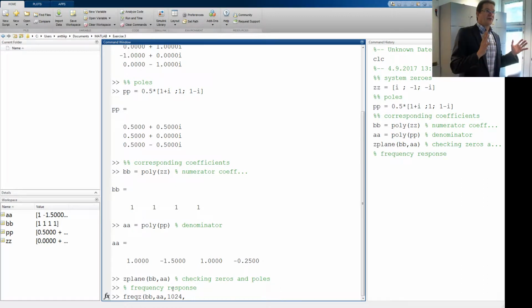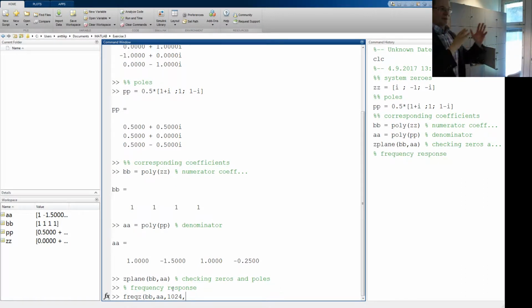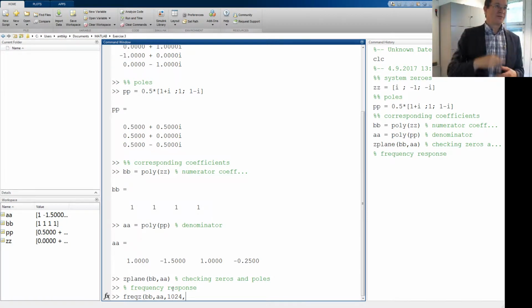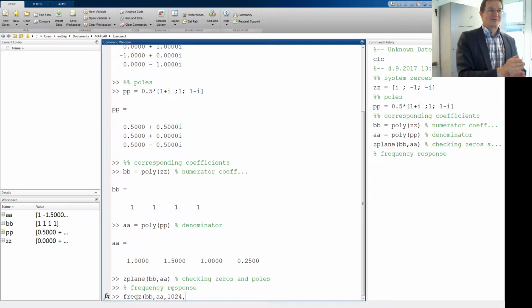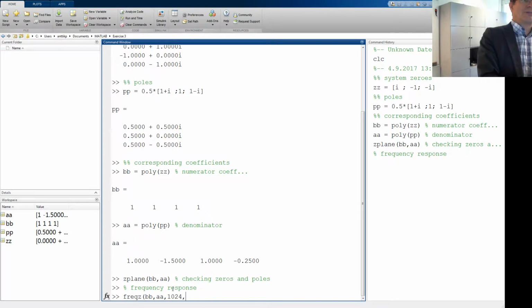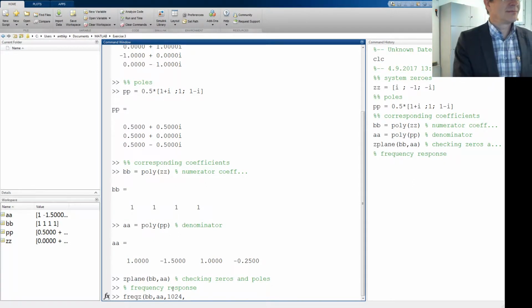If you use hundreds of points, then you probably see a jagged line. But with around 1,000 points, you will get smooth lines. If you need more details, just add points. Then the fourth parameter is sampling rate. If you know the sampling rate, then you would actually use it here. For example, 1000 Hertz.